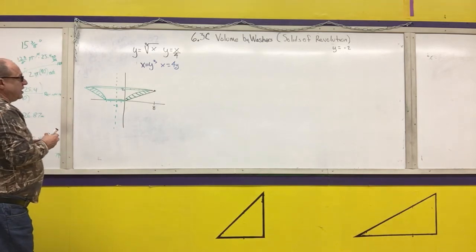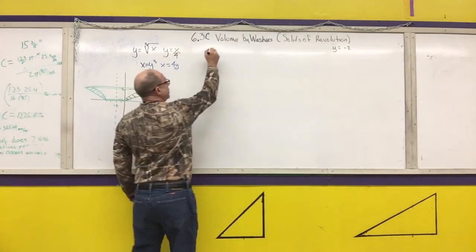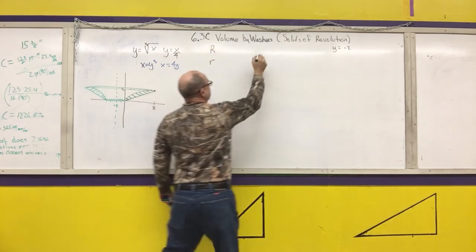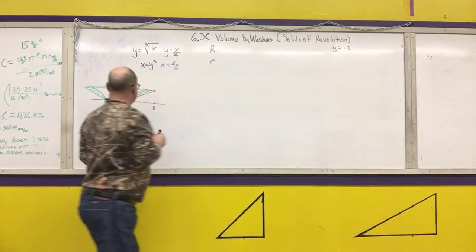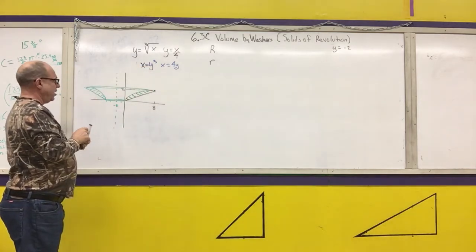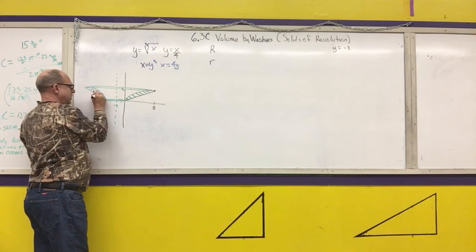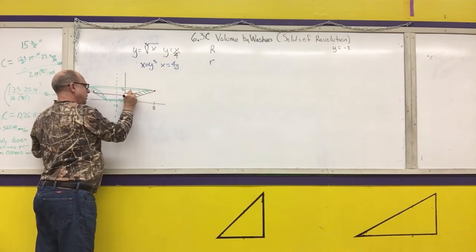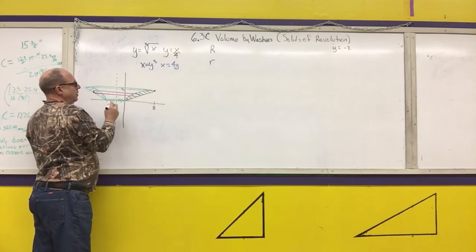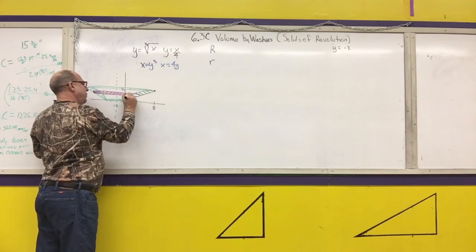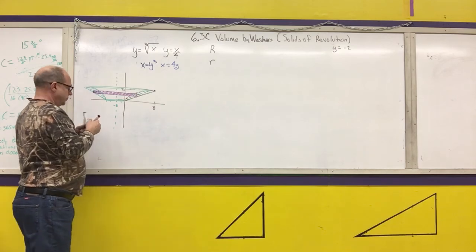So next thing I need to do is figure out my r's. Big R and little r. We're going to calculate their squares in a minute. So I need to draw an arbitrary slice. From that arbitrary slice, I need to figure out my big R and my little r.